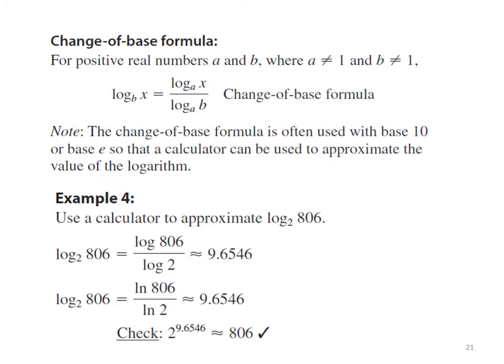Log x to the base b can be written as log x to the base a divided by log b to the base a. Remember, you started with a log to the base b, and you are writing it in terms of another base. Log x to the base b is equal to log of the argument, this time to the base a, divided by the log of the original base to the base a.